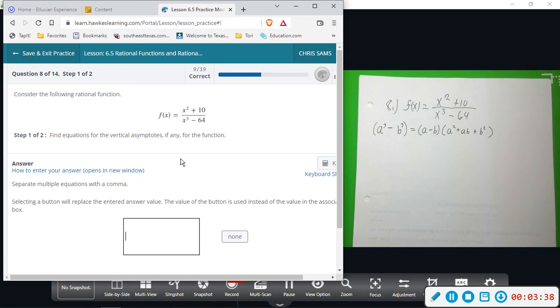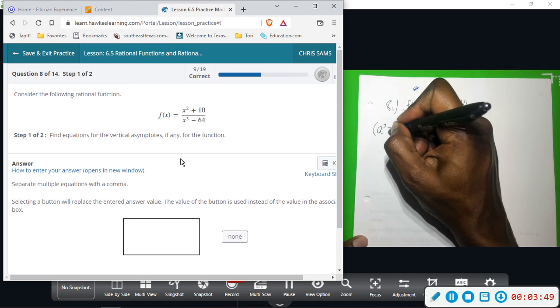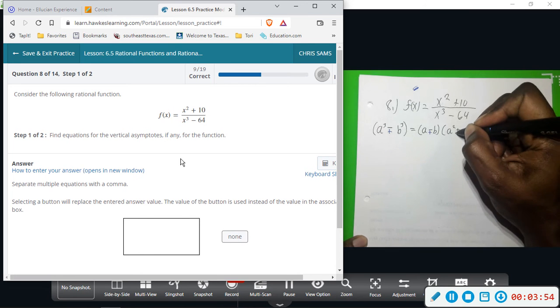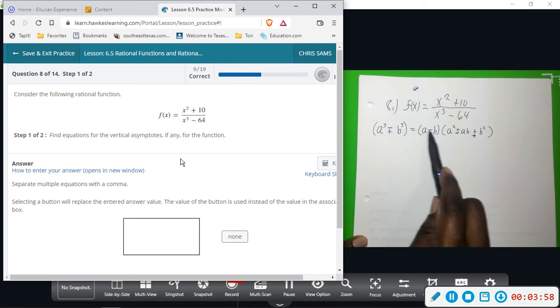So if you were doing it with a plus, if it was plus here, just follow the signs on the bottom. It'd be plus here, a minus here, and then a plus here. So if it's black, you just follow the black signs.